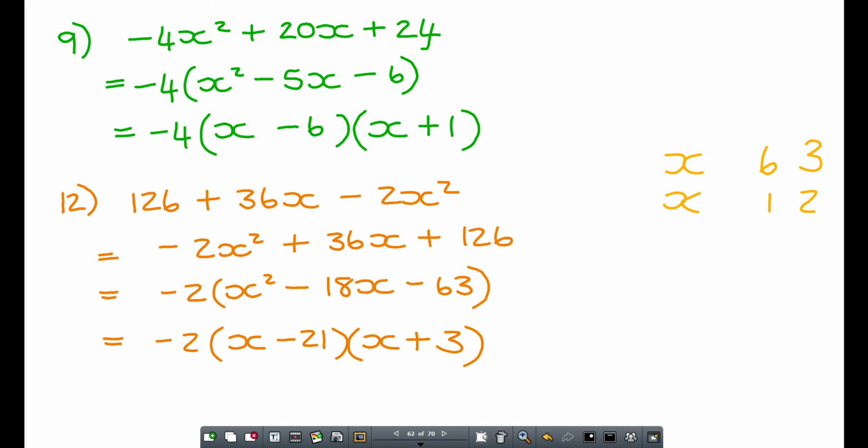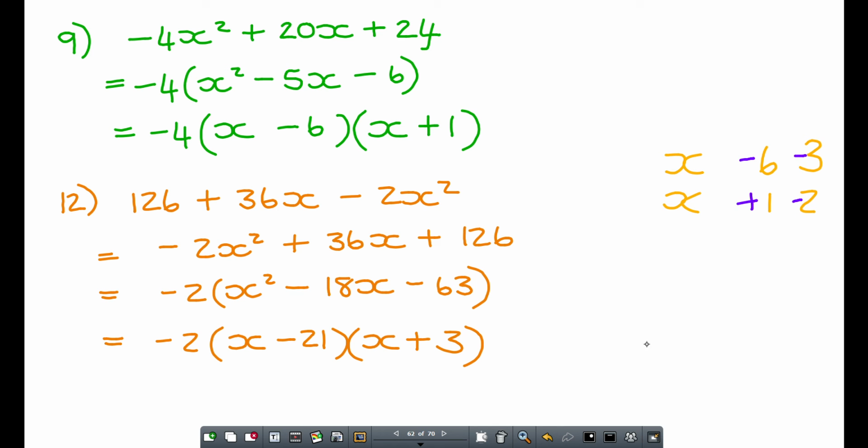Now, I'm just going to show you the two different options. If I were to use the 6 and the 1, remember, we're supposed to get a minus 5x. So then I'm going to say minus 6 plus 1. If I decided I want to use the 3 and the 2, then you'd say minus 3 minus 2.